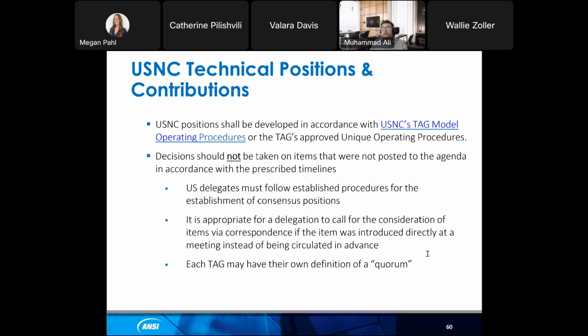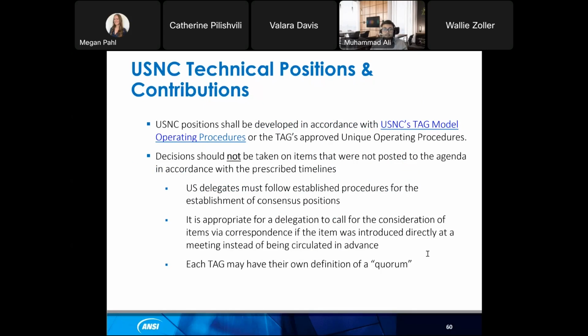The USNC positions shall be developed in accordance with the USNC TAG model operating procedures, or if your TAG has adopted a unique model operating procedures, then it should be developed with those operating procedures. Decisions should not be taken on any items that is not already posted to the agenda for the plenary meeting.